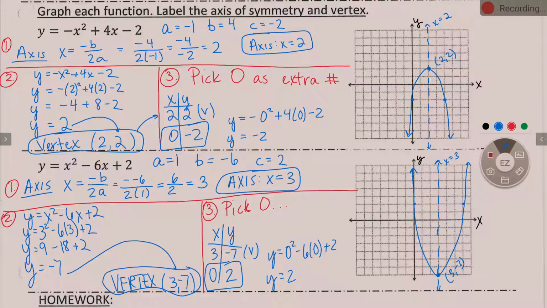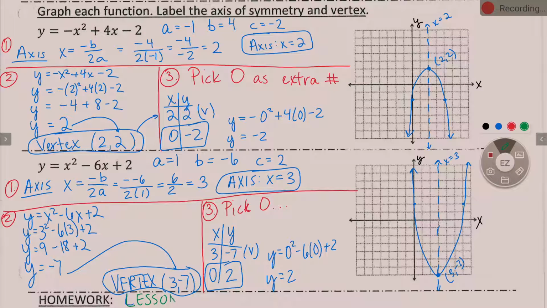Does it make sense that my parabola is right side up this time? Yes. Yeah, it should. Okay. Does that give you a little bit of an idea about graphing these? Okay, well, continue your homework in MathXL.